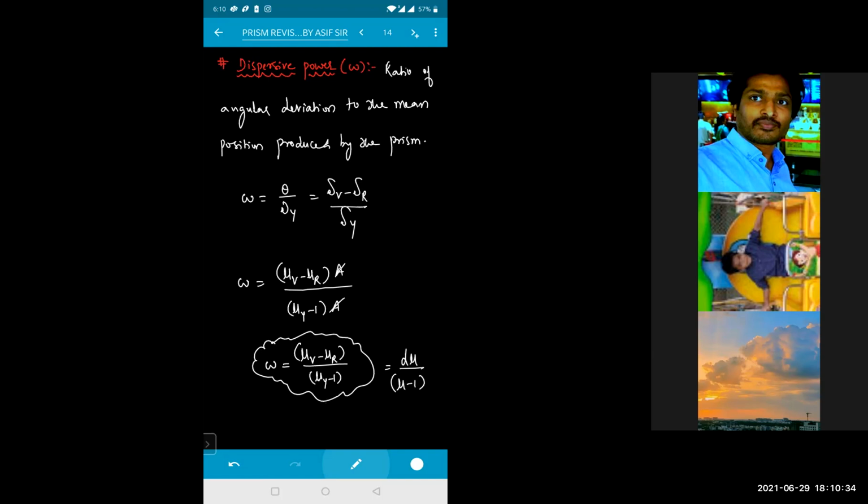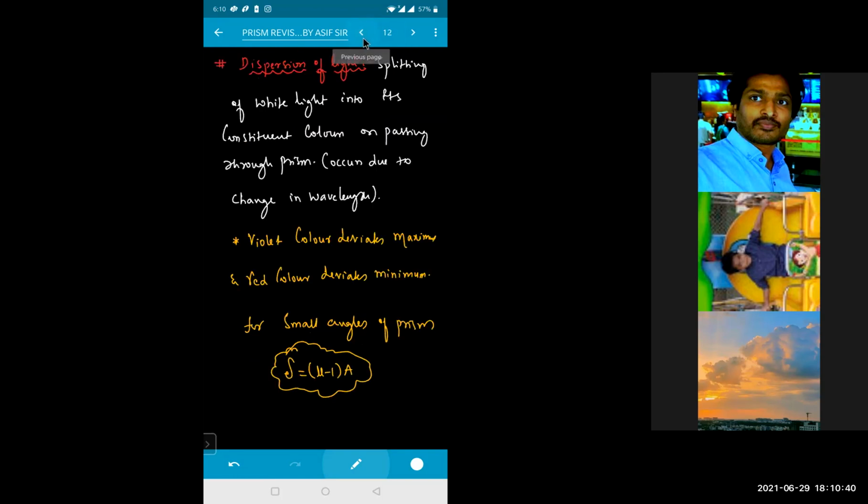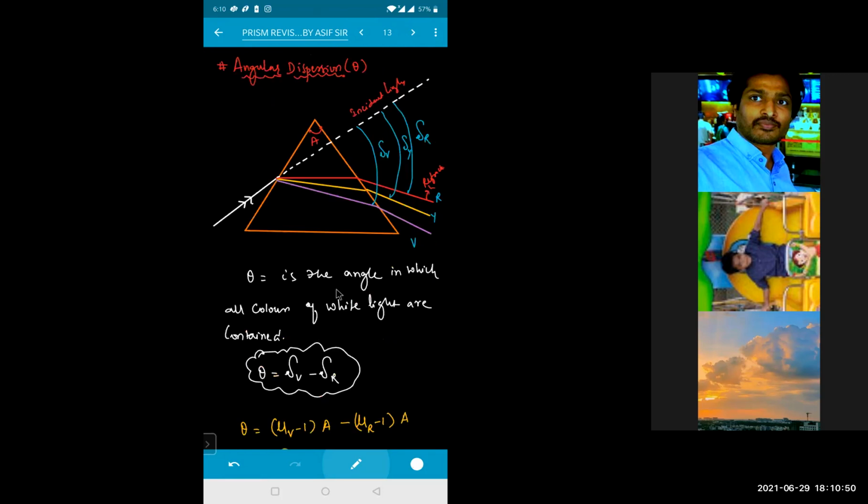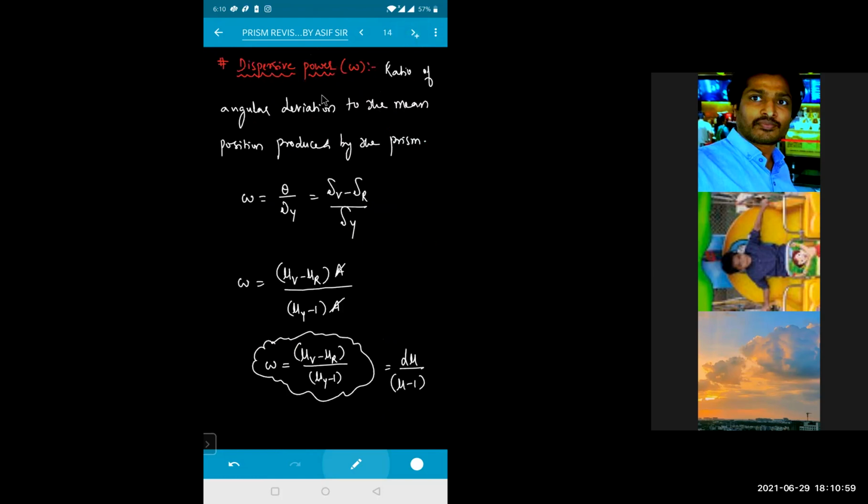So that was about the different terminologies you should remember in dispersion. Dispersion of light means spreading of light. For small angle prisms, the deviation is (mu minus 1) into A. The next one is angular dispersion, represented by theta. Theta is the angle between the extreme colors of white light, so theta is equal to (mu V minus mu R) into A. Dispersive power is represented by omega.